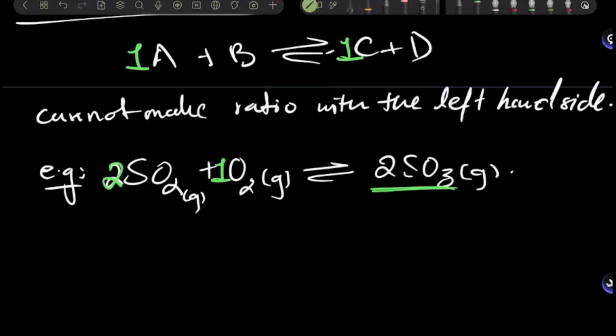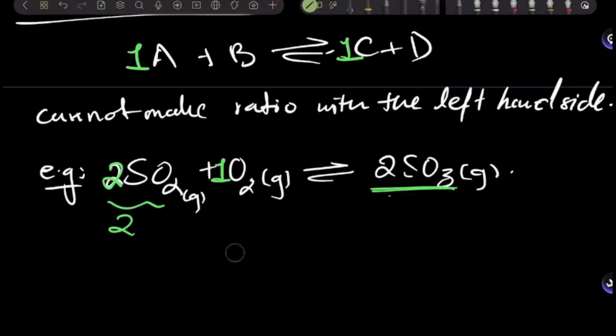If I put 2 moles of this and 1 mole of this, I'm 100% sure that all of these moles of the reactants will not convert into product. Some of them convert into product, so we cannot make a ratio. If the ratio is 2:2, that does not mean if you use 2 moles of this, you'll get 2 moles of this. No, this reaction is at equilibrium.